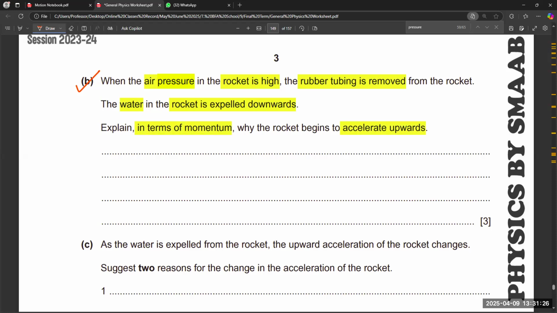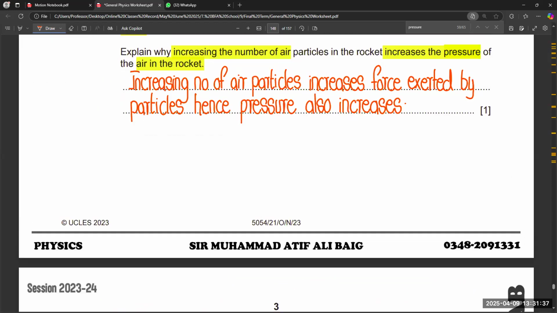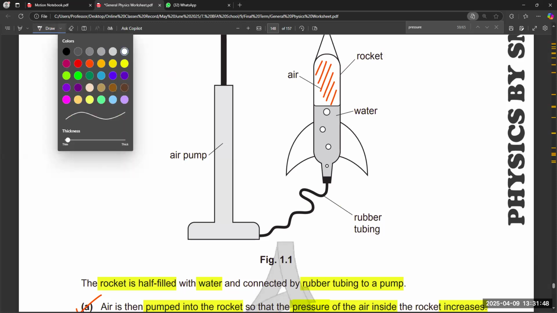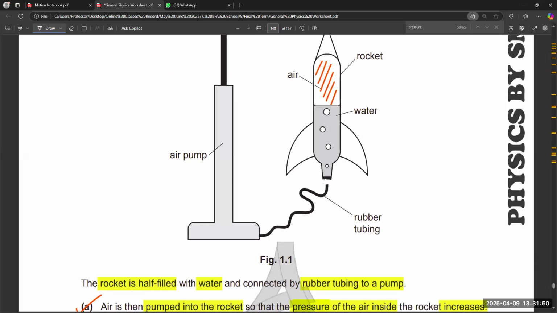In rockets, what happens? The fuel burns out and gas comes out from the rocket, which exerts force on the ground, and then the rocket moves in an upward direction. So the same thing happens over here. We pump air into it, and when we remove this rubber tubing from here, let's suppose rubber tubing is removed now.